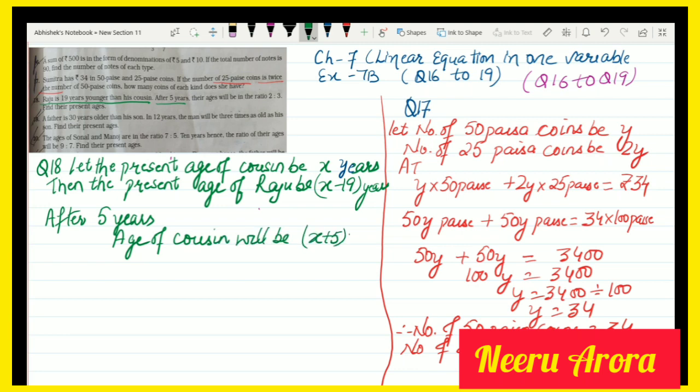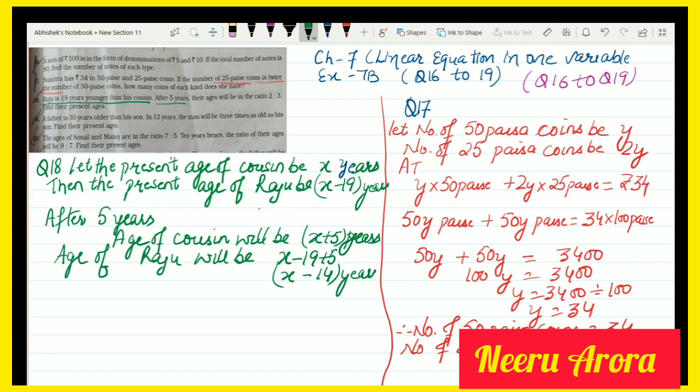Whatever the present age, after 5 years the age will be x plus 5. Age of Raju will be x minus 19 plus 5, that is equal to x minus 14 years.